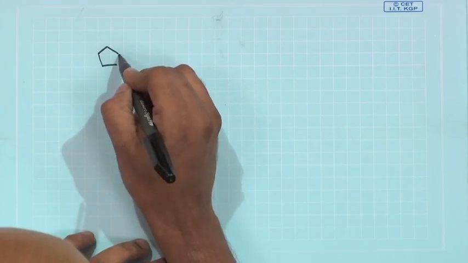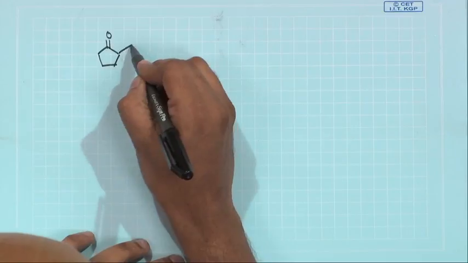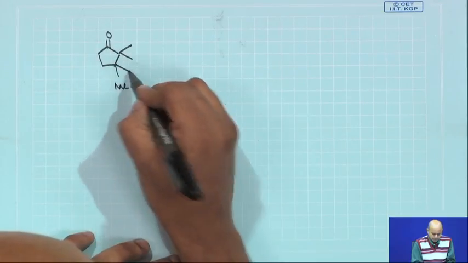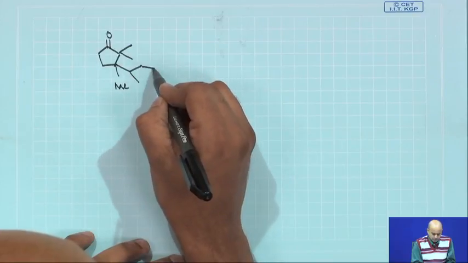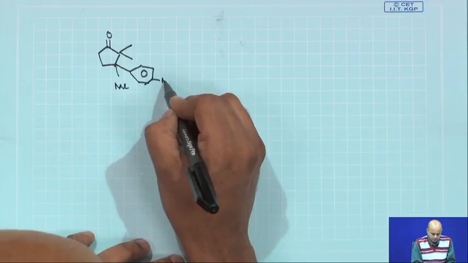So, welcome back students. We are discussing desymmetrization as a useful strategy, and now I will give you a target molecule, which is a natural product, and its structure is this compound.